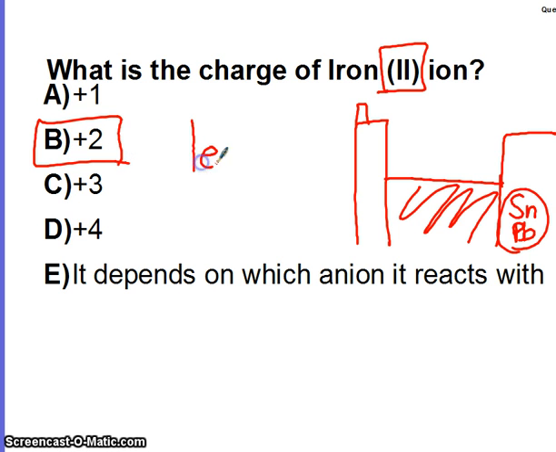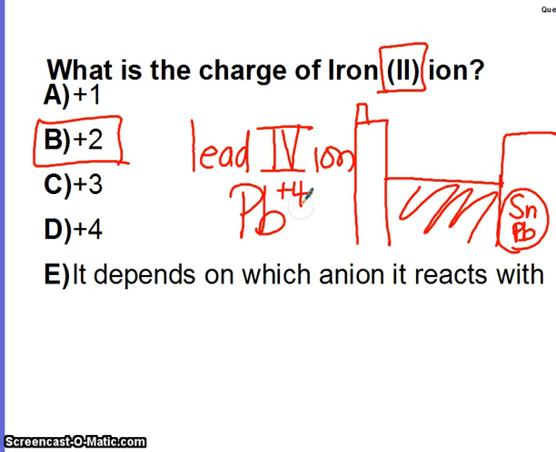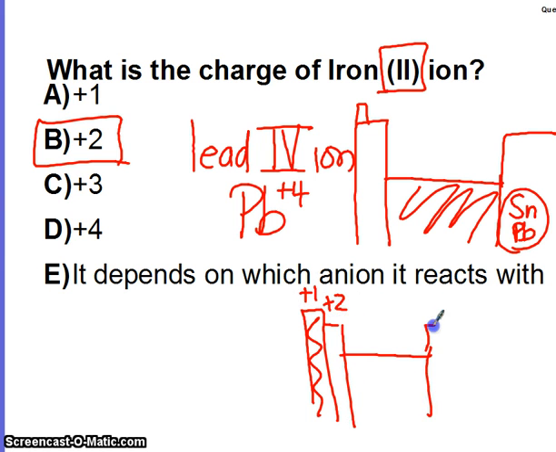If it was, let's say, a lead Roman numeral 4 ion, then that would tell us that it would have a +4. They will always form cations. You will not see negative charges on any of these because they're metals. And also remember that any other element in the table, at least for the purposes of our class, if it's in column 1, it's always going to form a +1. If it's in column 2, it's always going to form a +2.